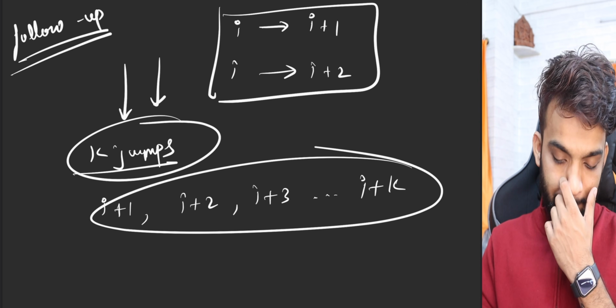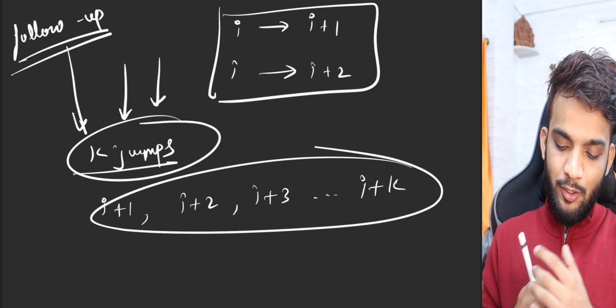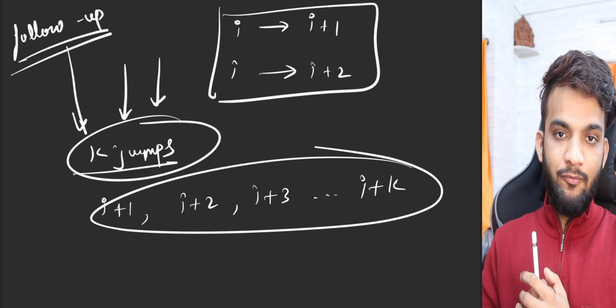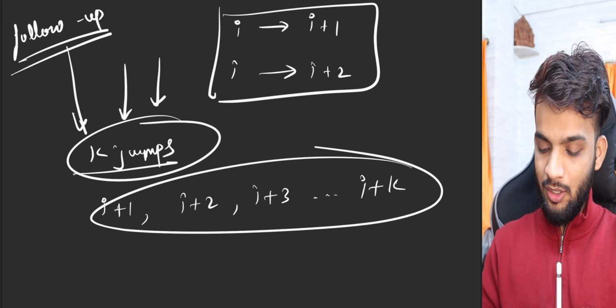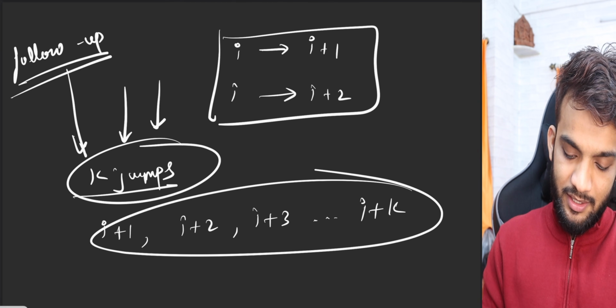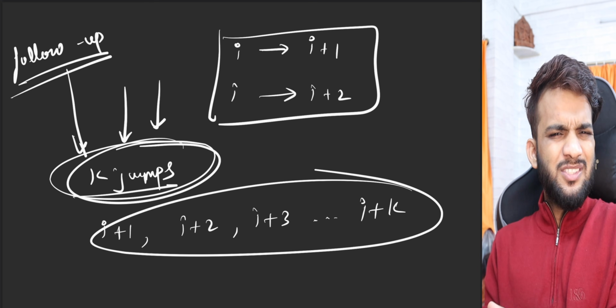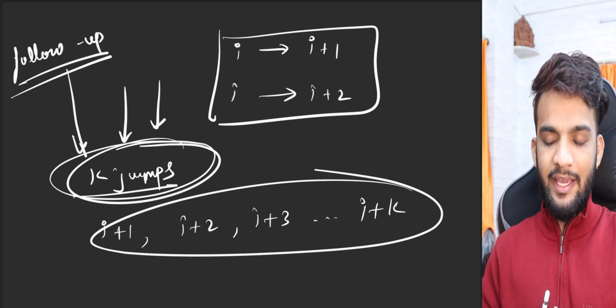But the follow-up is very simple. Try to do it using k jumps. I will expect the codes in the comment section, and right before starting lecture 4, I'll definitely be discussing this problem of k jumps, where I'll tell you how to change this problem slightly, and you'll be able to do it for k jumps.